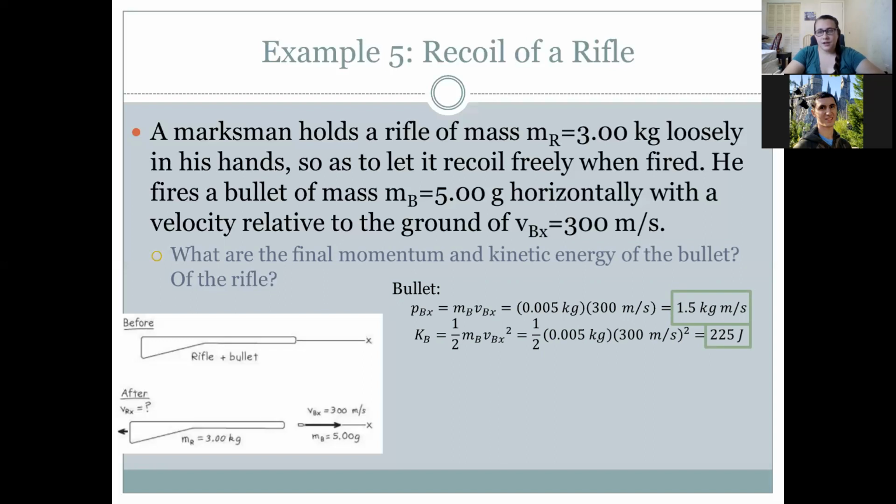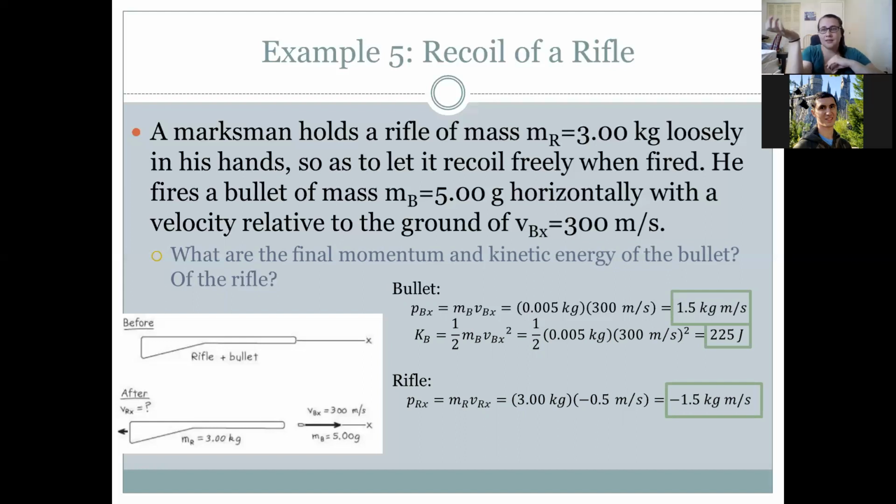We basically repeat this process for the rifle, since we just found the final velocity of the rifle to be negative 0.5 meters per second, and we get a momentum of negative 1.5 kilogram meters per second, which should make sense to us because if the total momentum is conserved, and it has to be zero in this case because it was zero initially, it has to be zero finally.